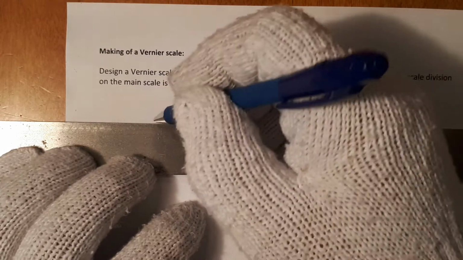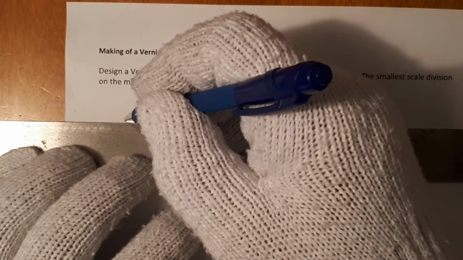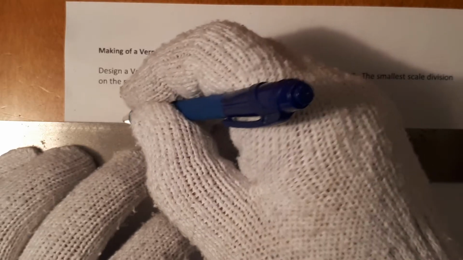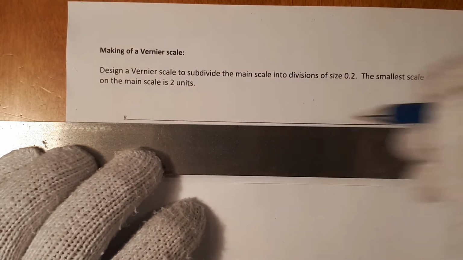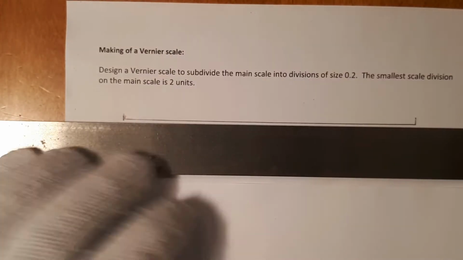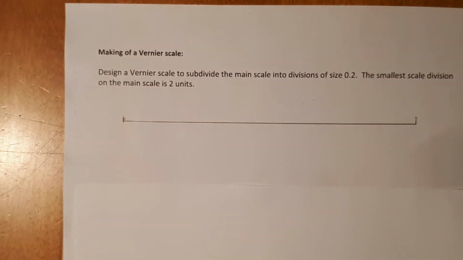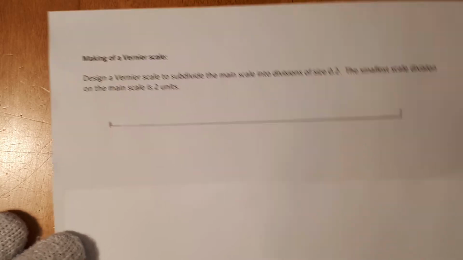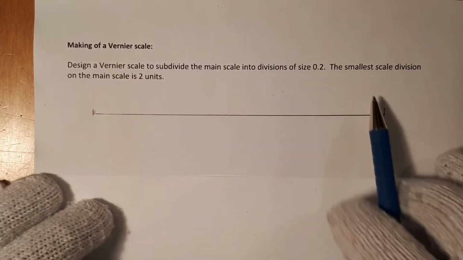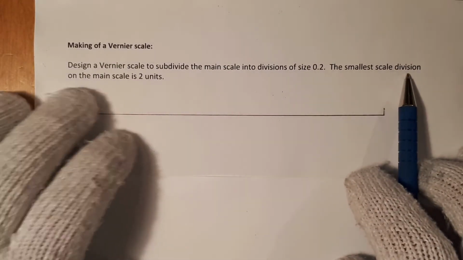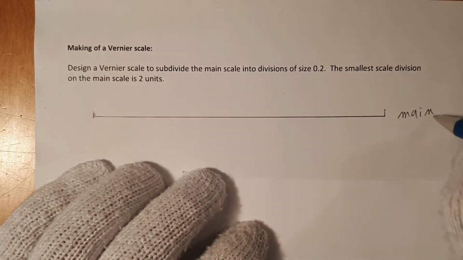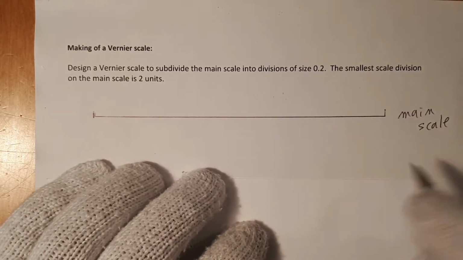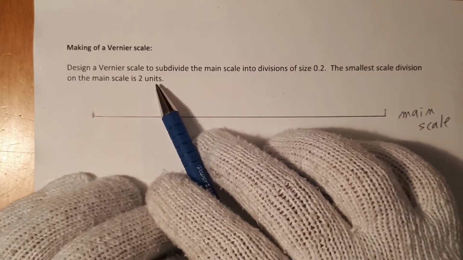I'll try and draw a straight line, starting about here to about here. And it says the smallest scale division on the main scale, we'll call this the main scale, will be 2 units.